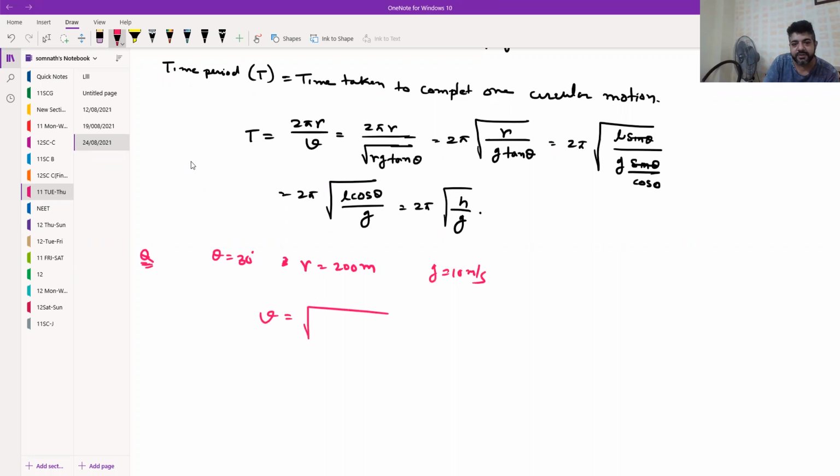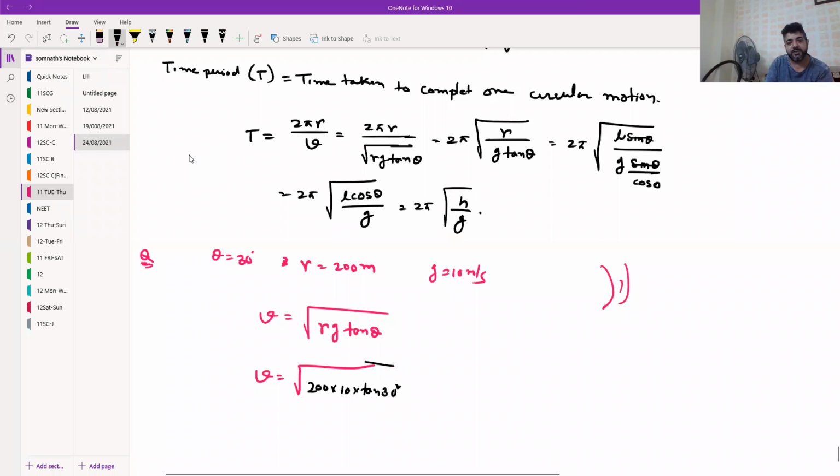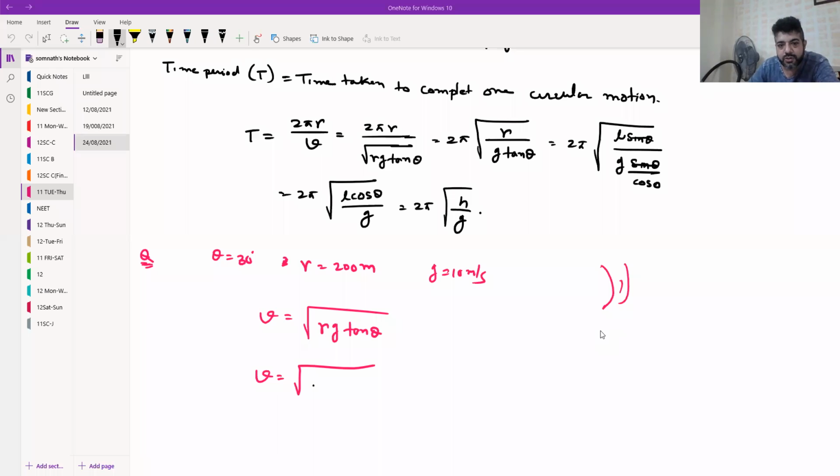Yes or no? Just see, the train is taking a circular turn, and inside the train the bulb makes a theta angle. So you have to find this v. I can easily say my r is 200, g is 10, and tan 30 degrees. So r is 200, g is 10, and tan 30 degrees.